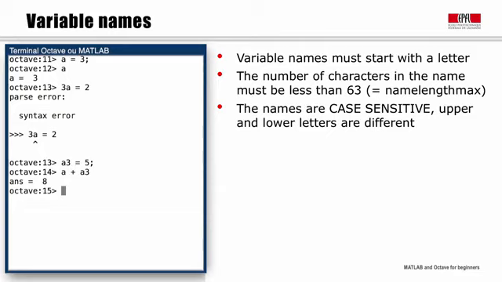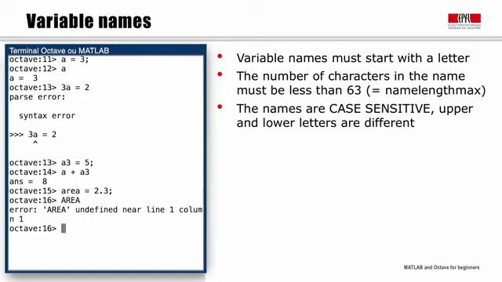Good. Now, these are very simple variables, but you can have a name like area equal to 2.3. And so I have now a variable which is area. But what if I type Area uppercase?